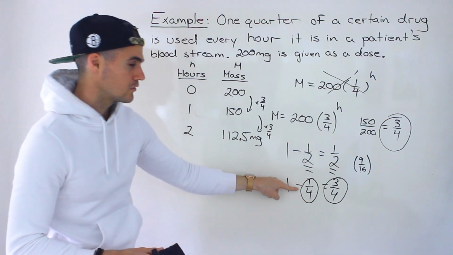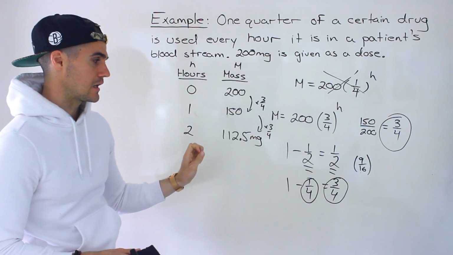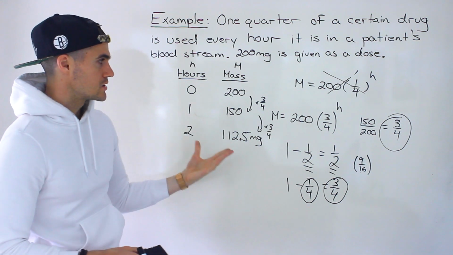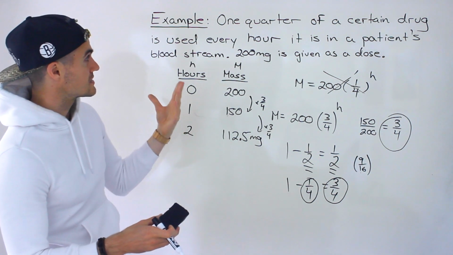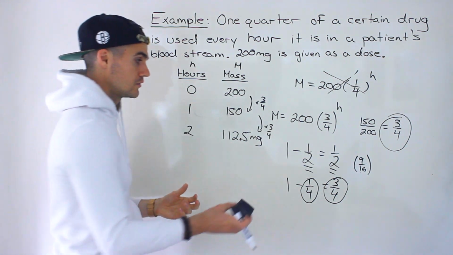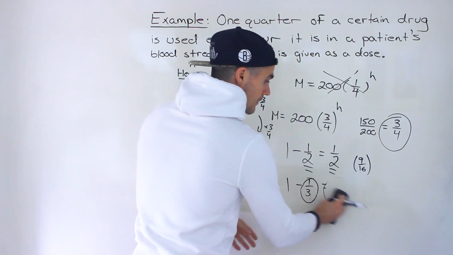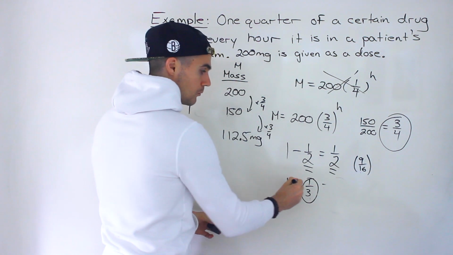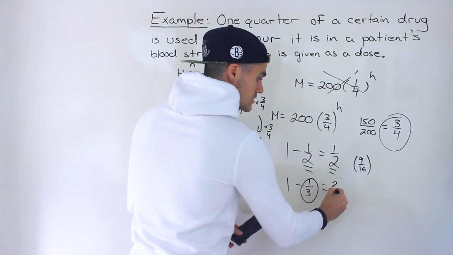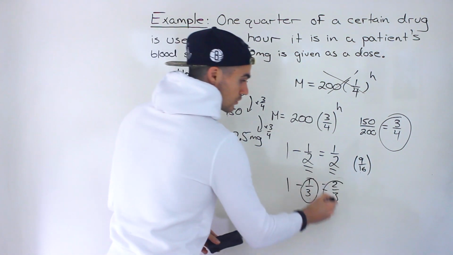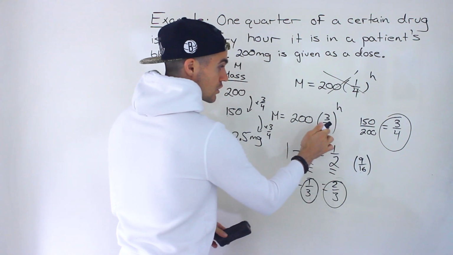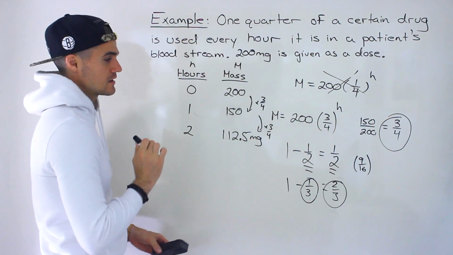The 1/4 represents the amount that is being used. So for example, if they said instead of 1/4, 1/3 is being used, what would be the amount remaining every time? 1 whole minus 1/3, so 2/3 would be remaining. Then 2/3 would serve as the base of that exponent.